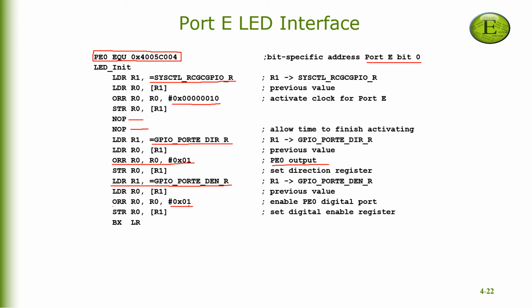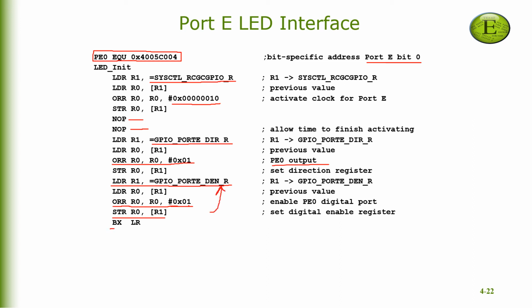So again, taking an OR of register R0 with hex 01 is going to set the first bit of R0 to 1, and when written back, it is going to update the port E digital enable register.